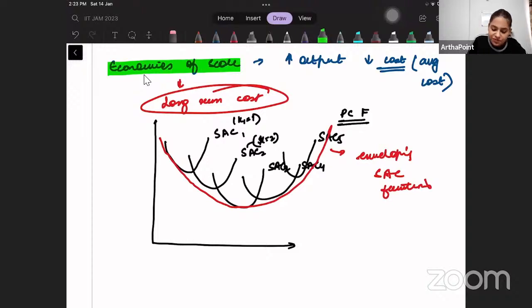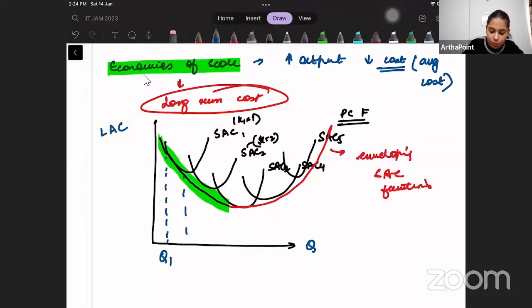If I look here, when this LAC is decreasing, this is my Q, and this is long run average cost. As I'm increasing the level of my output from Q1 to Q2 to Q3 and so on, my cost is continuously decreasing.